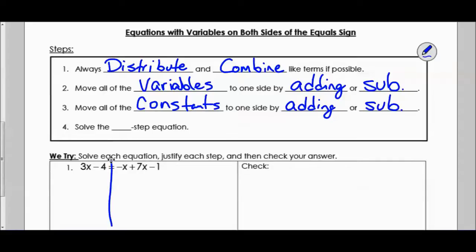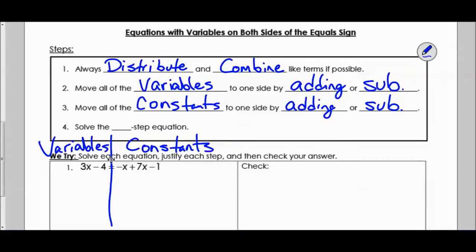And what I mean by that, we're going to take all of our like terms, all of our variables, and I'm going to do, just on the first example, I'm going to move them all to the left side of this equal sign. I'm going to move all of my constants to the right side.